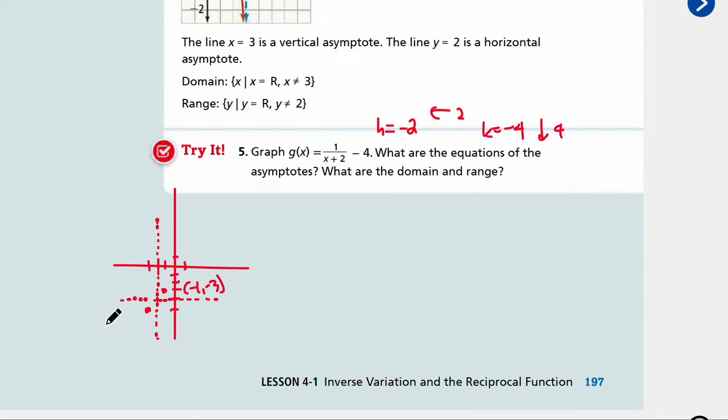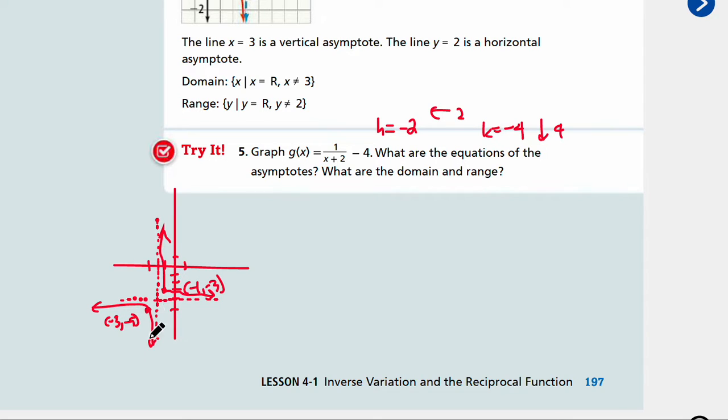So that is -3 comma -5. And then we have a graph that should be a really nice curve.